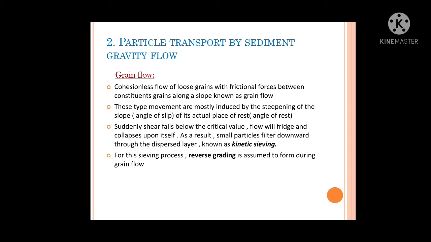When the angle of rest is exceeded, the internal shear stress overcomes the internal shear strength, which is caused by intergranular friction. After that, when shear suddenly falls below the critical value, the flow will freeze and collapse upon itself. As a result, small particles filter downward through the dispersed layer, which is known as kinetic sieving. For this mechanism, reverse grading is assumed to form during grain flow.